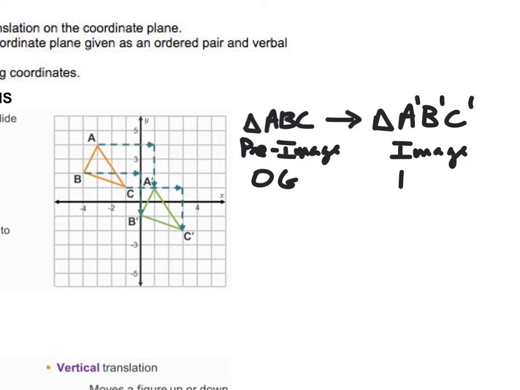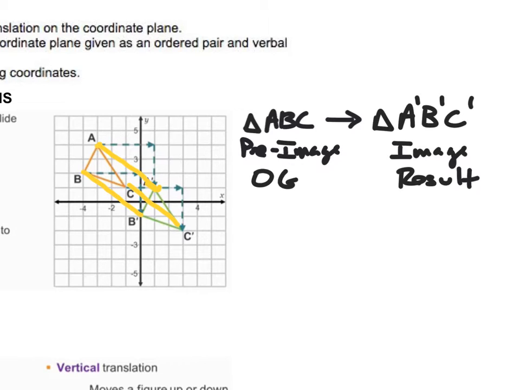I also think of this as the result of doing the translation. Now what you can notice here is that each of these are moved in the same direction, okay? To go from A to A prime, we move in that direction, along that line. B to B prime goes here, and C to C prime goes here.